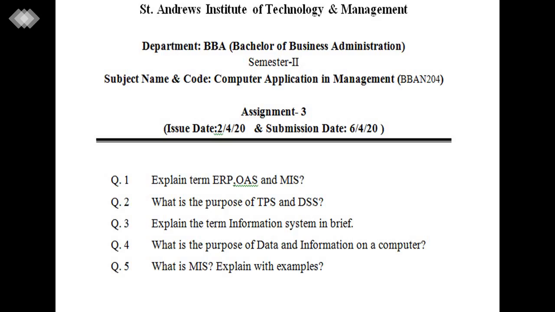And the last question, based on unit 3, or we can say section C of our syllabus, is: what is MIS? Explain with example. So these are the questions related to assignment 3, which is based on section C, or unit 3, of our syllabus.